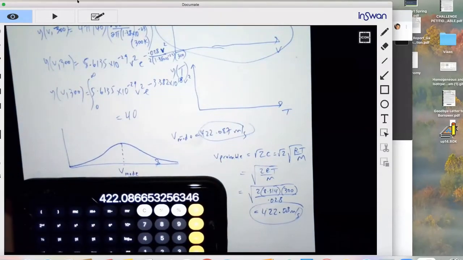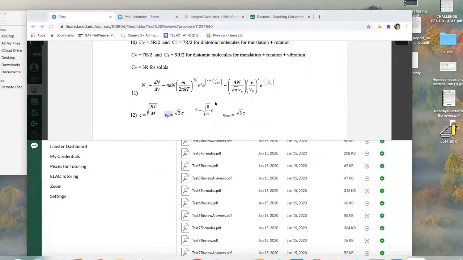Now, what's the next equation? V average. Okay. Square root of 8 pi times c, right? And now what would we have to do?